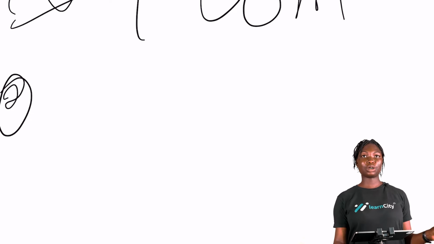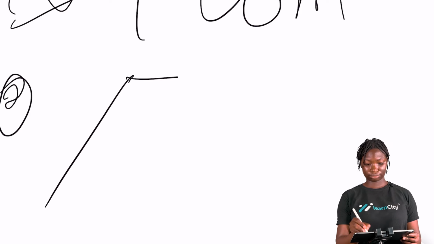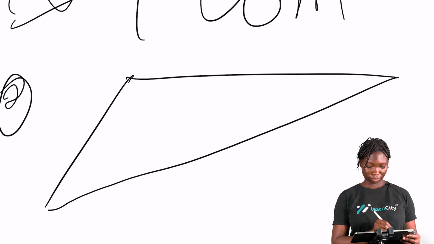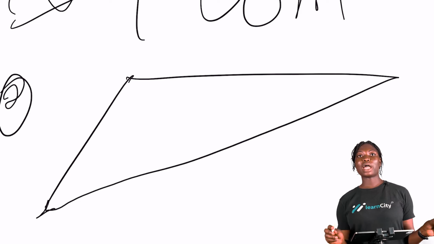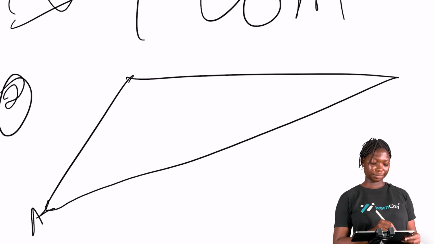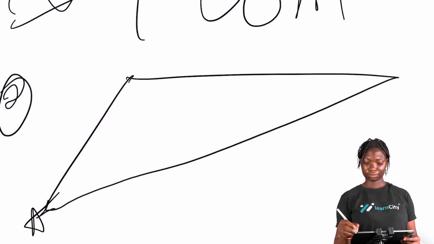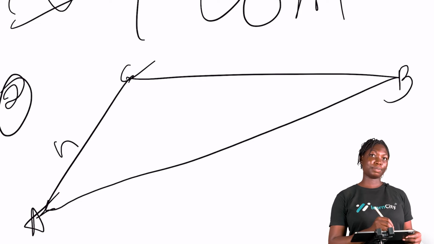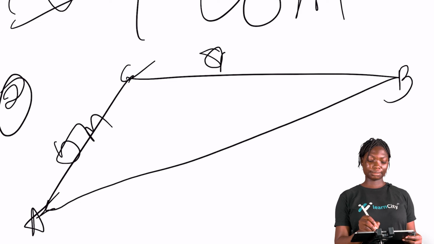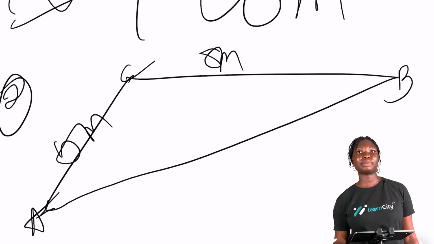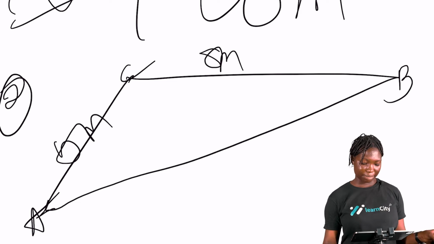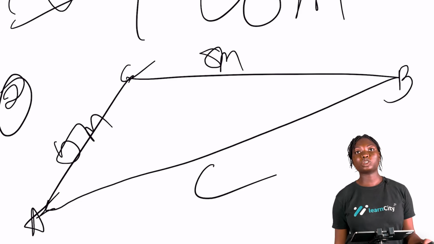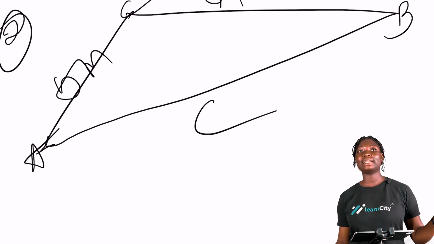So calculating the unknown side in this triangle, we have A, B, and C, where we have 5 meters and 8 meters. So we have our C. Also, we have to look for our line C here.